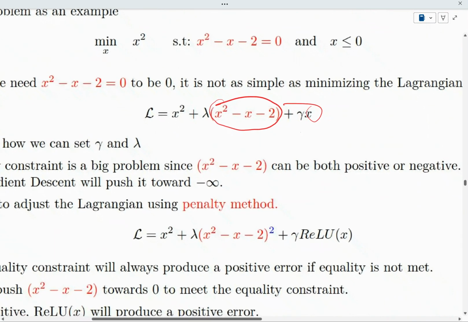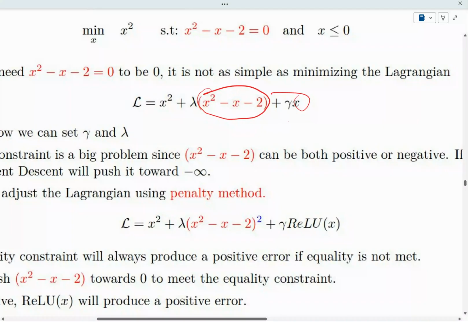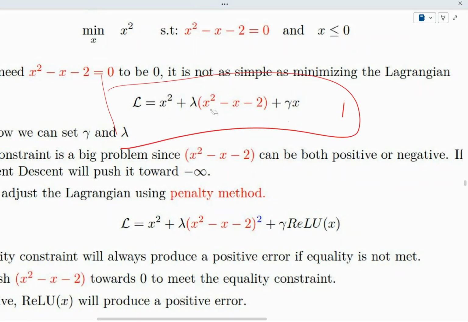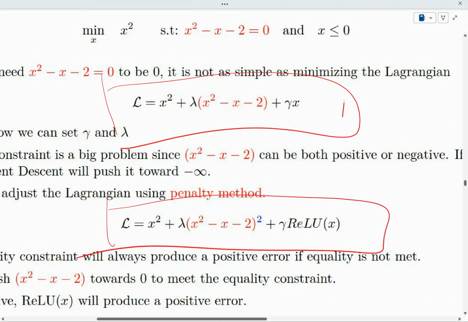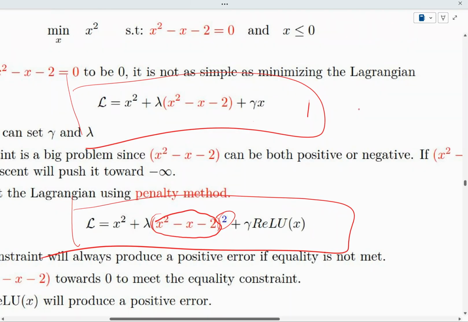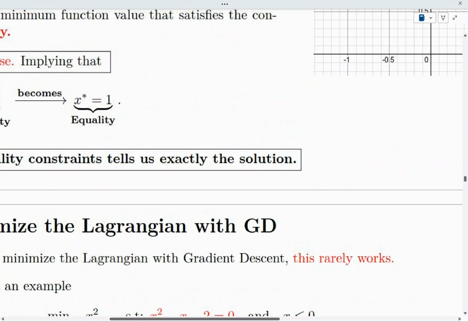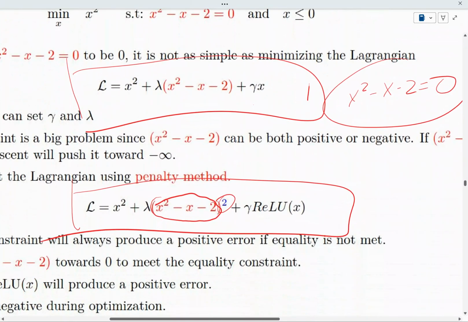Instead, you will need to massage the equation. For example, this equation would be rewritten into this equation. Notice the difference. Over here, I put a square, implying that the only way to minimize this is if this is equal to 0, which is what you want, right? We want x squared minus x equal to 0. So if you put a square here, then we can satisfy the equality constraint.